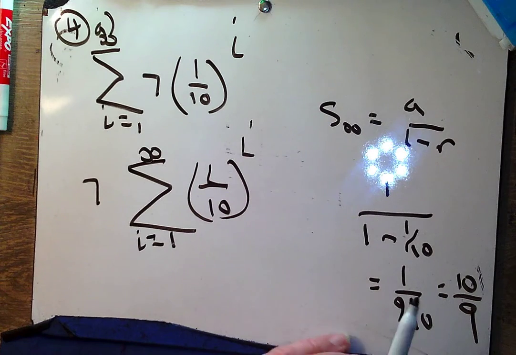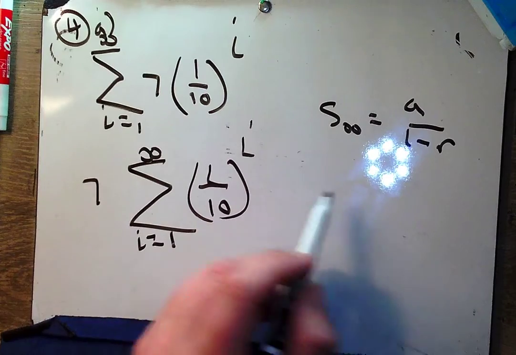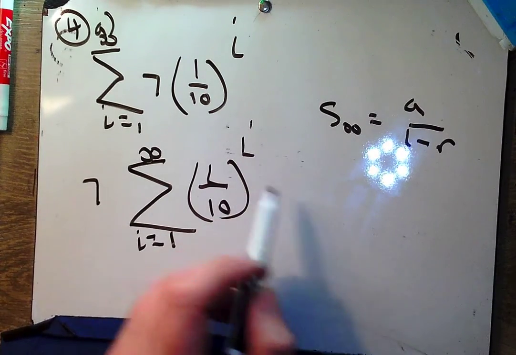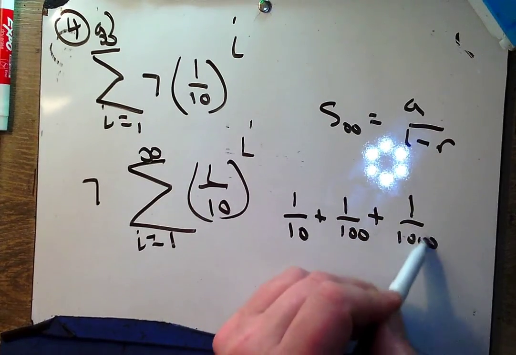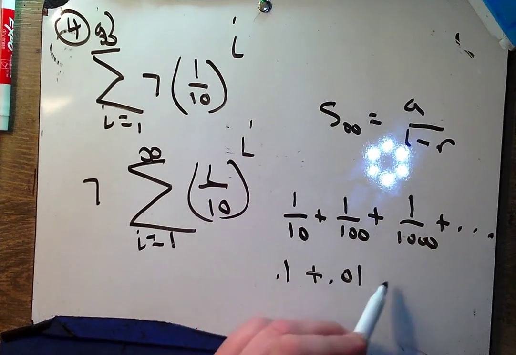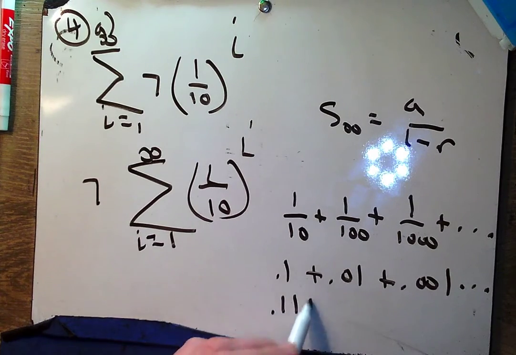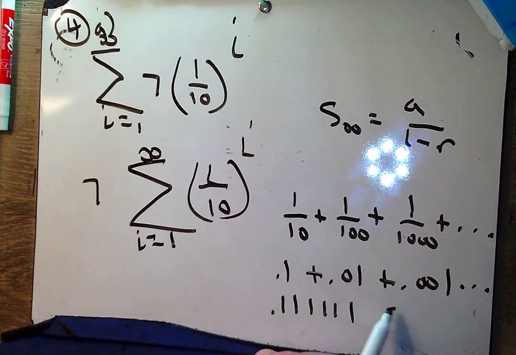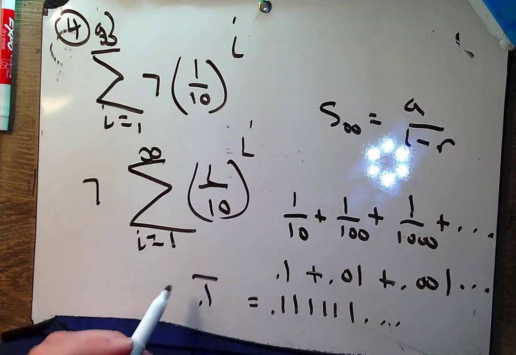Where do I feel like it's off a bit? Yeah, I feel like that's off a bit because if I add up 1/10 plus 1/100th plus 1/1000th and so on, I'm going to have 0.1 plus 0.01 plus 0.001 and so on, which is going to be 0.11111, or 0.1 repeating.